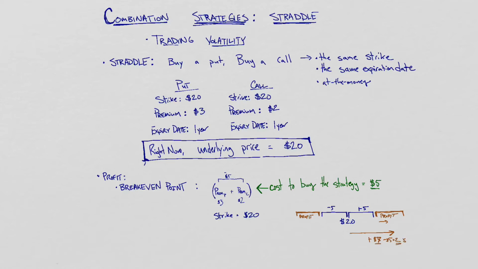And meanwhile, while this is the profit for the call, the put that we bought is basically worthless. If the stock price is at $27 and the strike is at 20, the put's not making any money for us. And so we can effectively consider the premium there as 0.